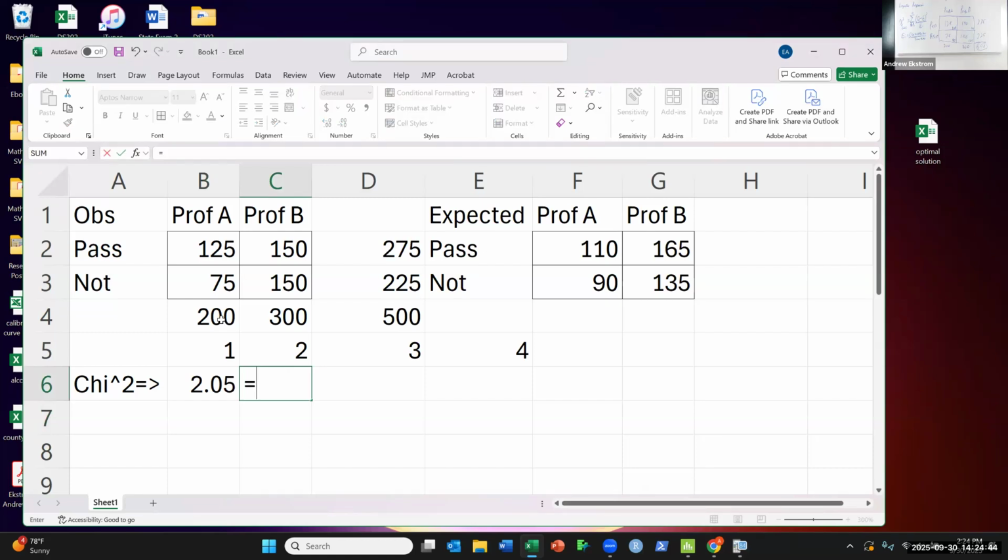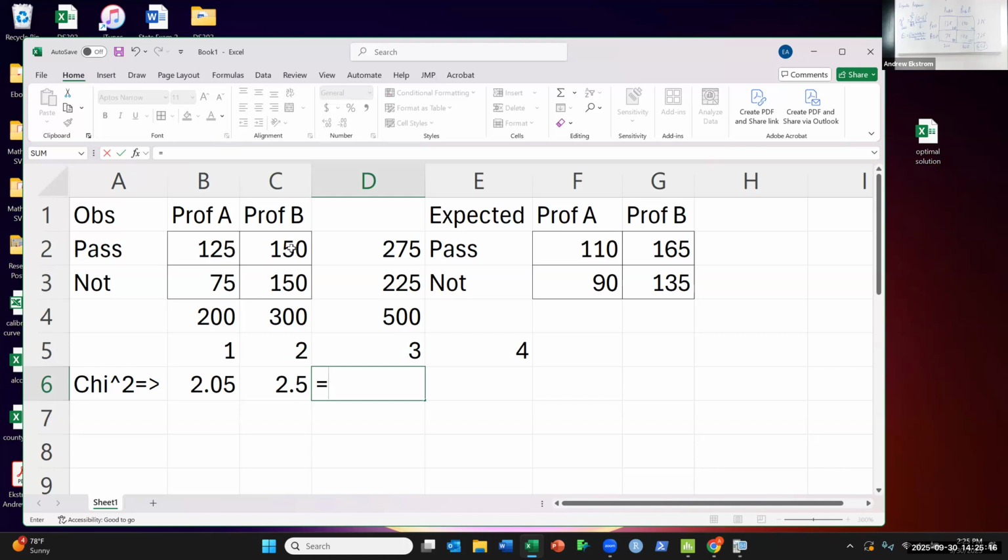So the next one, open parentheses, observed minus expected, close parentheses, square that, divided by expected. And I can go ahead and hit enter.